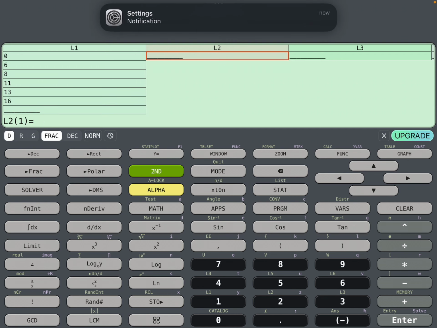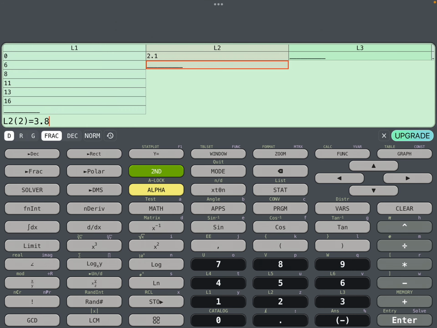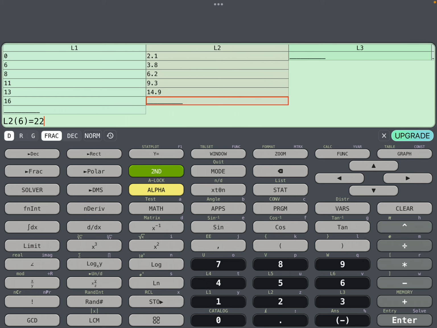And my y values, I have 2.1, 3.8, 6.2, 9.3, 14.9, and 22.